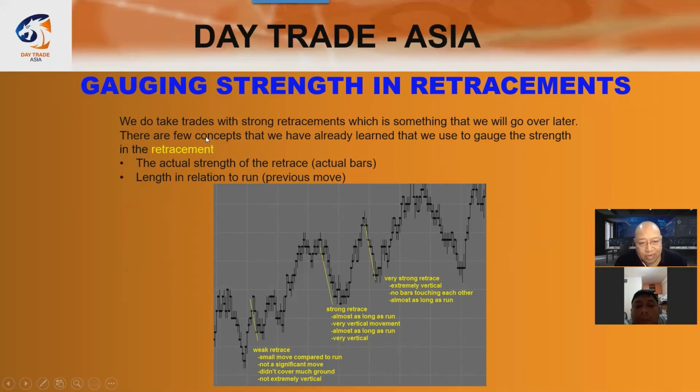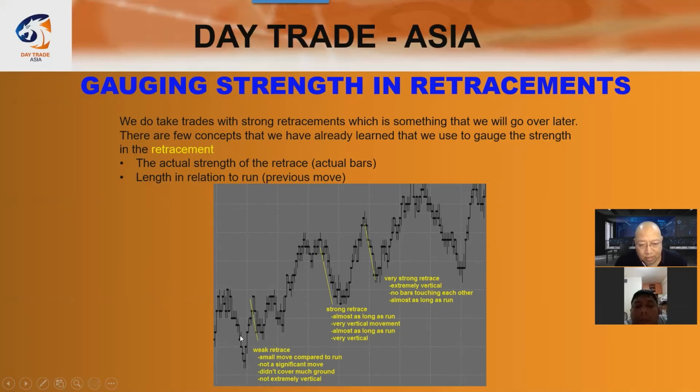There are a few concepts that we have already learned that we use to gauge the strength in the retracement. The actual strength of the retracement, which is right here, the actual bars, and the length in relation to the run. For example, we have a trend that's going upwards. So we have basically run, retracement, run, retracement, run, retracement.